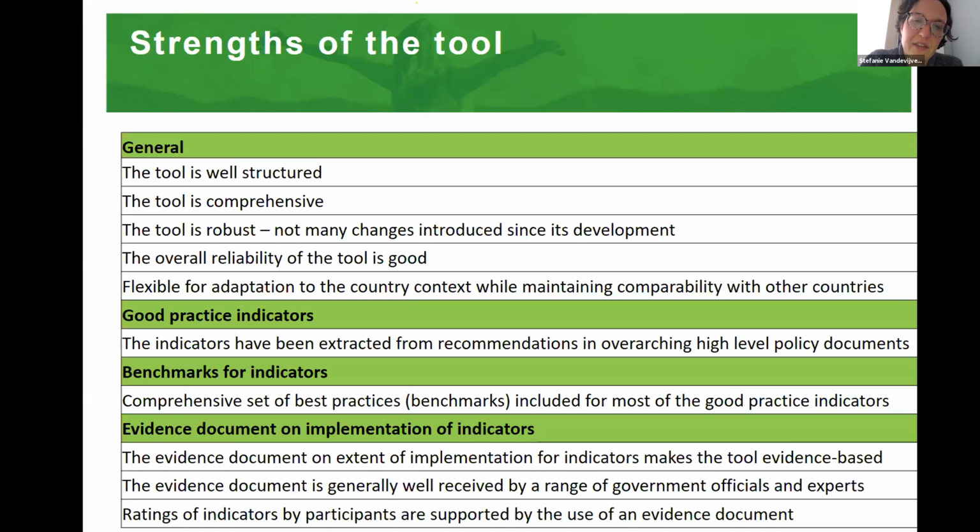Also, the fact that the indicators are derived from existing high-level recommendations at the international level is also seen as a strength. And then the fact that evidence is collected for each of those indicators to really support the experts that do the evaluation is also considered a strength, as it makes the tool more evidence-based.